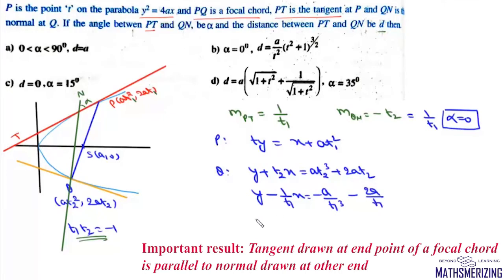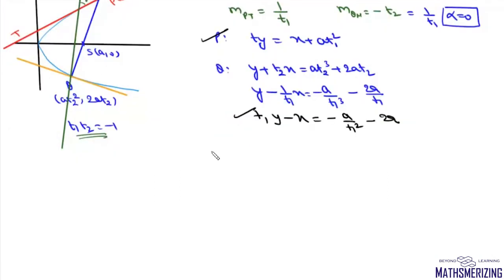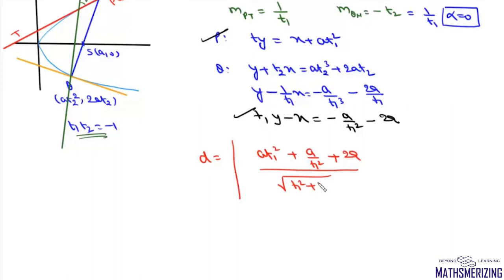So we can rewrite this equation as t1y minus x equals minus a upon t1 square minus 2a. Now we need to find the distance between these two parallel lines. The distance between these two parallel lines will be the modulus of c2 minus c1 upon the square root of a square plus b square. So we can write a t1 square plus a upon t1 square plus 2a upon under root of t1 square plus 1.